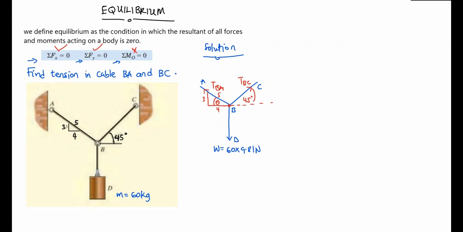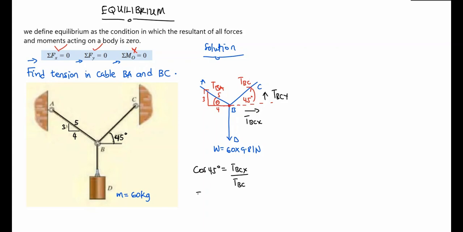So we will start by finding the components for TBC. TBC will have an x component in this direction, so let's name this TBCX, and a y component which will be TBCY. So cosine of the 45 degrees will give me the adjacent side, which is TBCX, over the hypotenuse, which is TBC.